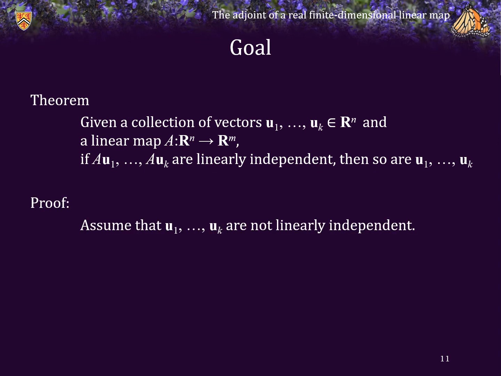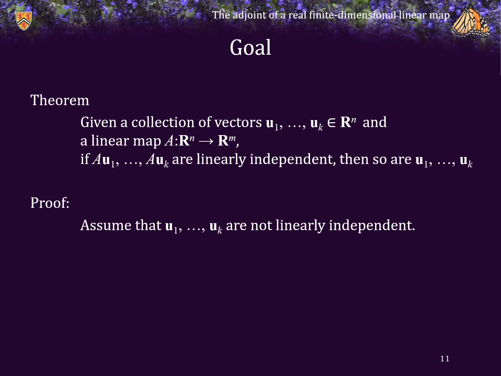Proof. Well, this is a theorem of the form if A, then B. So if A times u1 through A times uk are linearly independent, then u1 through uk are linearly independent. So this is of the form if x, then y.